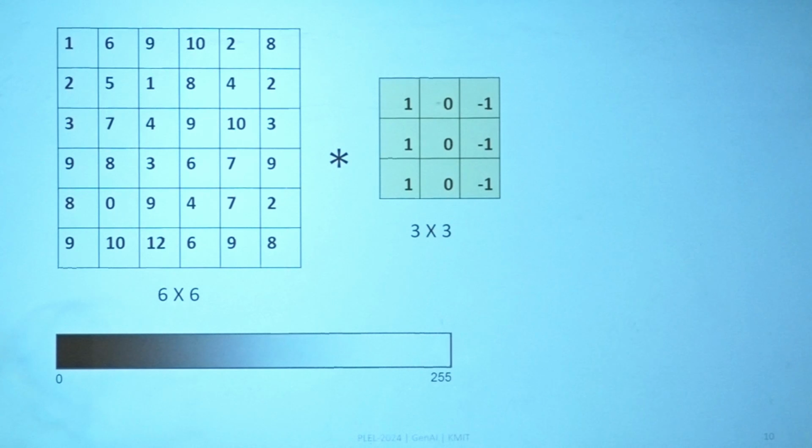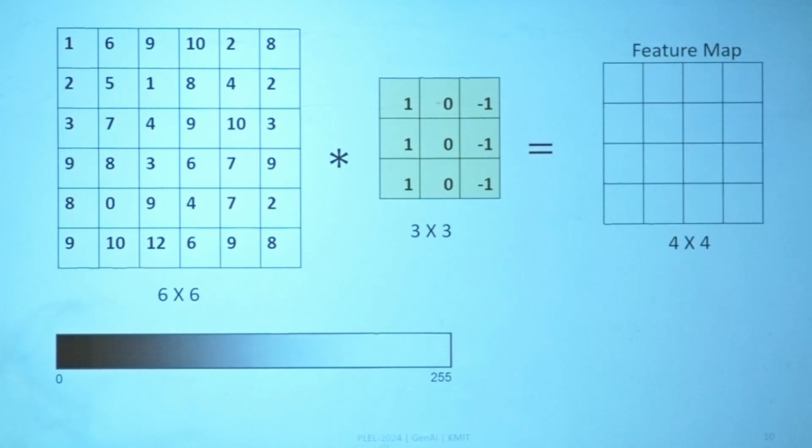When I apply it, we will get the resultant feature map of size 4 by 4. A 6 by 6 image convolved with a 3 by 3 filter gives a feature map of size 4 by 4, right?